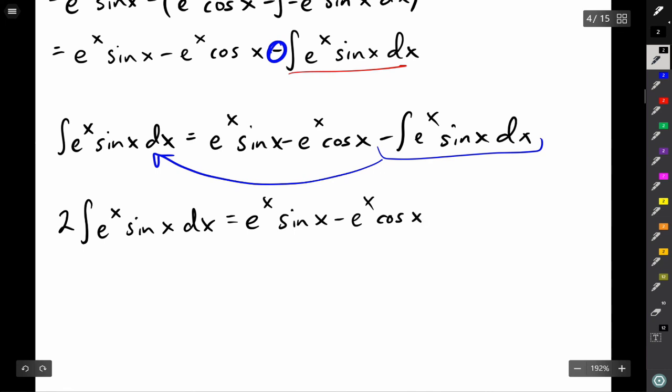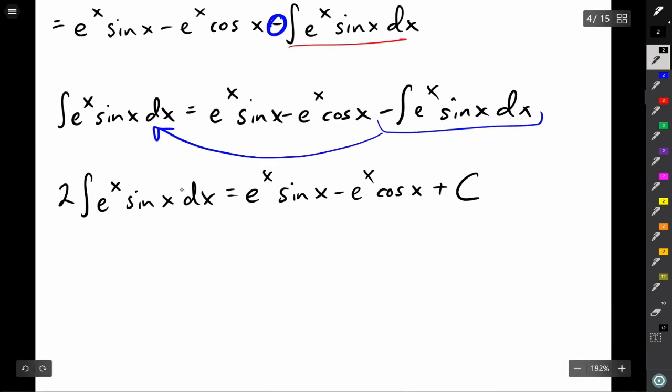Now something you might notice here is that there's not an integral on both sides, so we do need to add back in the plus c. So we're really moving over the integral, but we're leaving a plus c behind. Now, it's a bit weird to think about, I understand, but that's what we want to do. And now to find the actual integral, just divide by 2, right?